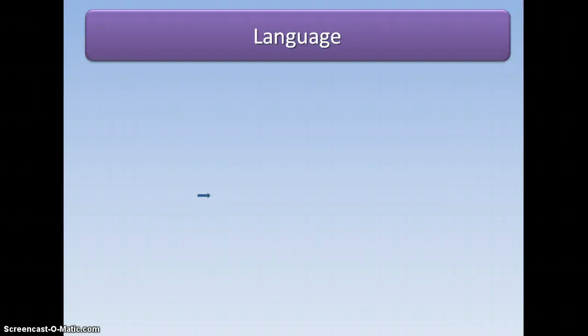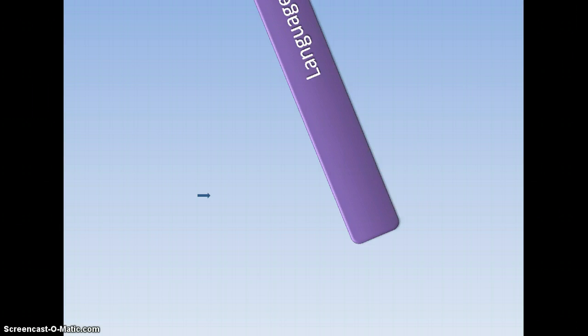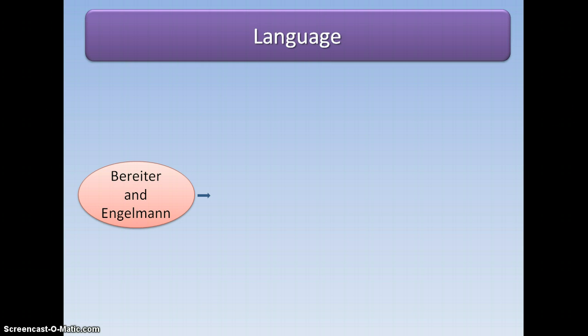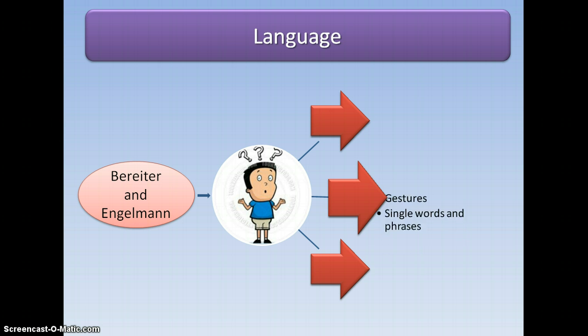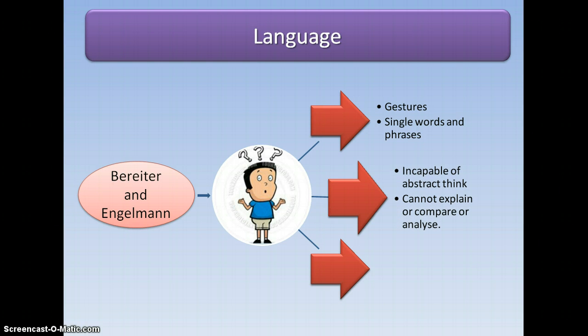The next aspect we are looking at is language. So Bereiter and Engelmann argue that the working class have a different kind of language than the middle classes. They are likely to communicate in gestures, single words and phrases.